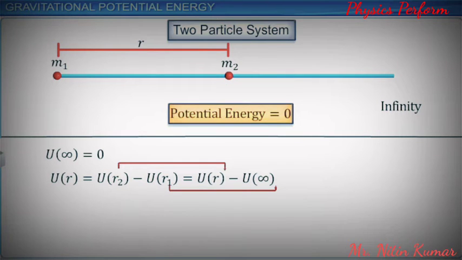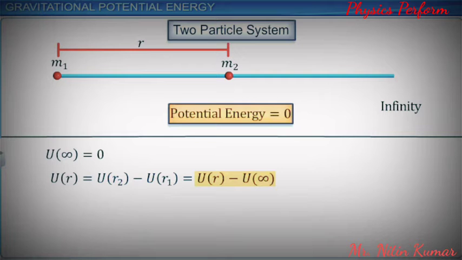Thus, the gravitational potential energy of the two-particle system separated by distance r is denoted by U(r) is equal to minus G m1 m2 by r. Let this be equation 6.